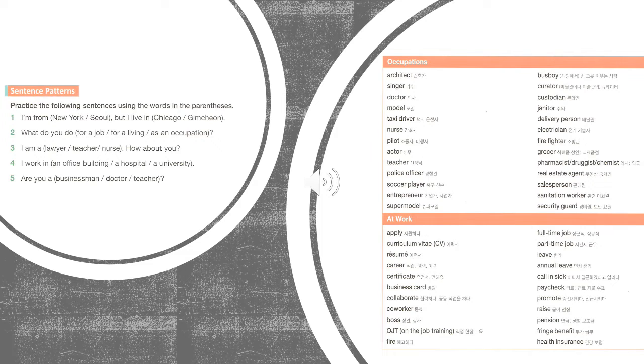Of course, you have a boss. And down below at the very bottom of that column, you'll find the word fire, another verb. So if you don't do a good job at work, your boss might fire you. He might fire you, and then you will not have a job anymore.